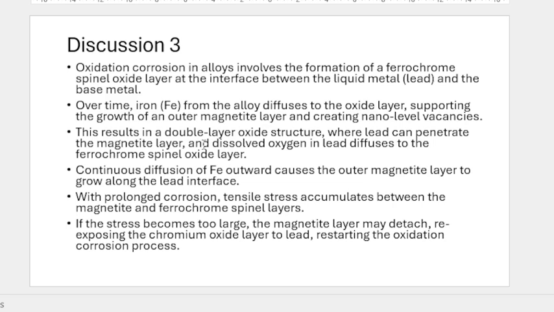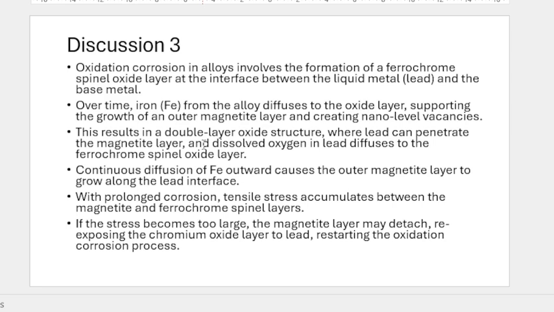Discussion 3. Oxidation corrosion in alloys involves the formation of iron chromium spinel oxide layer at the interface between the liquid metal and the base metal. Over time, iron from the alloy diffuses to the oxide layer, supporting the growth of an outer magnetite layer and creating nano-level vacancies.